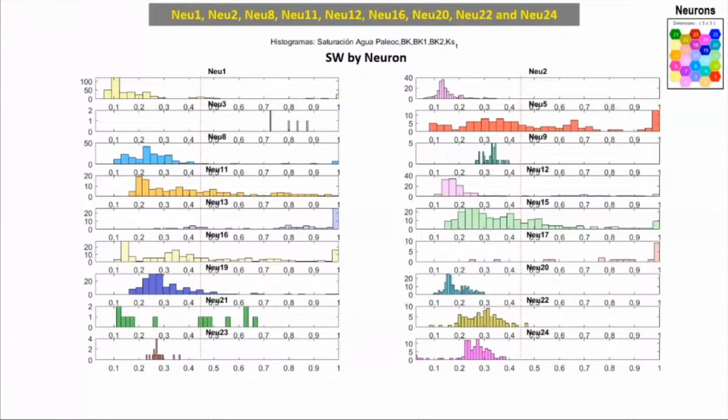So in water saturation, you have the vertical dotted red line that represents the cutoff value, and you can see that several neurons are okay, but maybe others are mixed or are, as I'm indicating with the laser point, distributions with high values of water saturation. So we have to be careful in order to say if those neurons are really representing the good part of the reservoir.